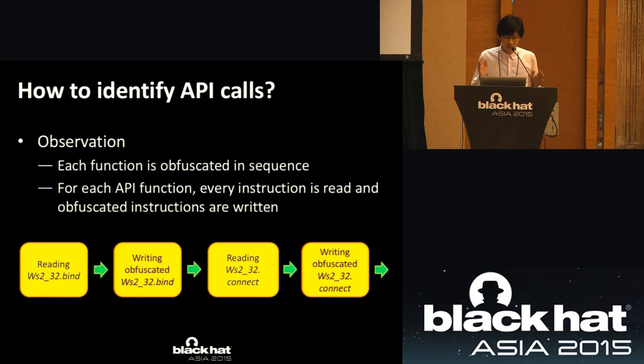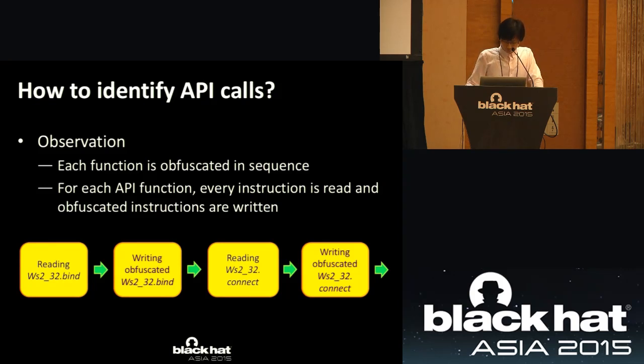We can divide by time. So in the picture, when the obfuscator reads winsock.bind, every byte of winsock bind is read and obfuscated code is written. It is divided. And next, the winsock connect API function is read and it is written to other memory addresses.